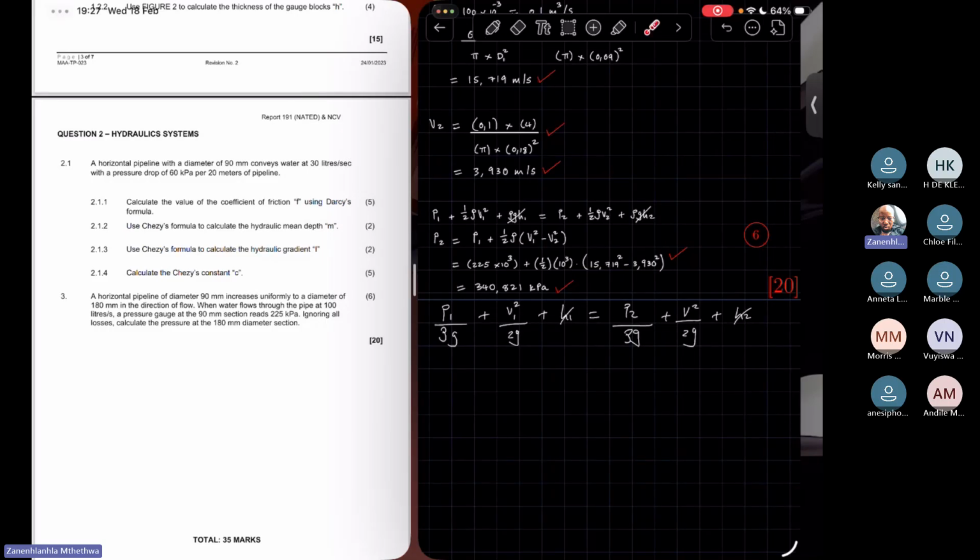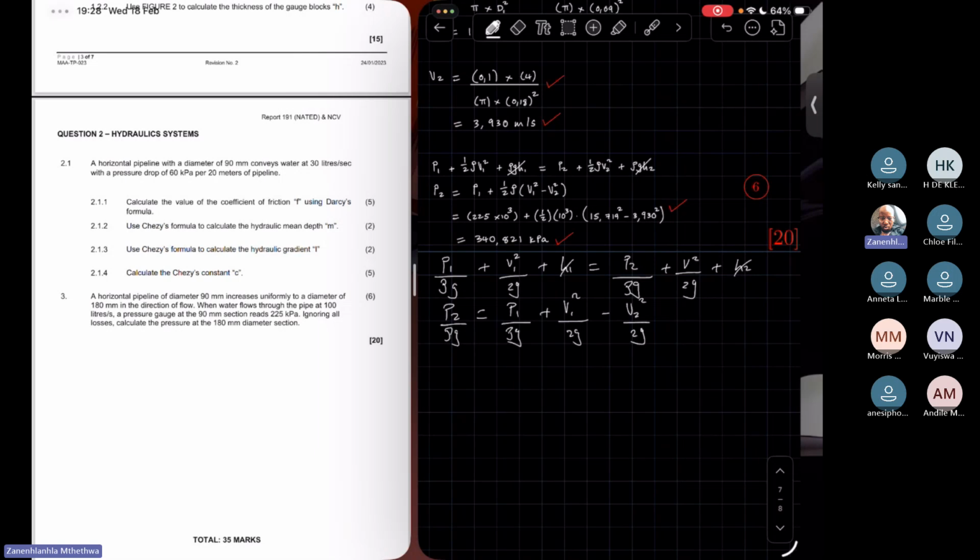So let's take this to that side. Here we're left with P2 over rho g is equal to P1 over rho g plus V1 squared over 2g minus V2 squared over 2g. Are we still together?